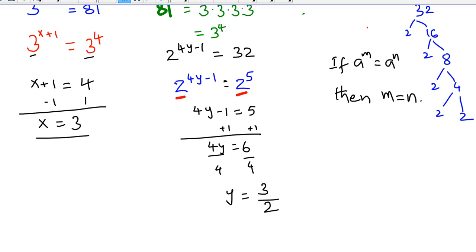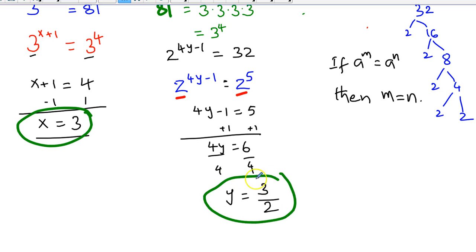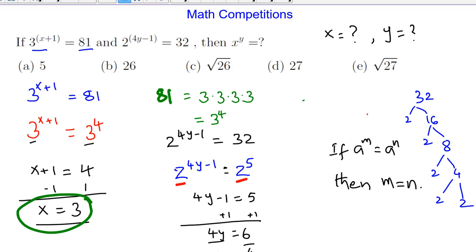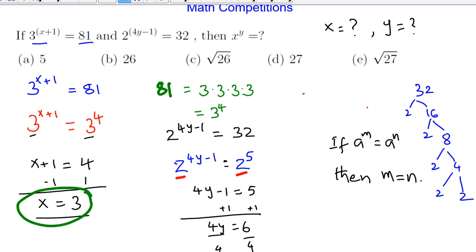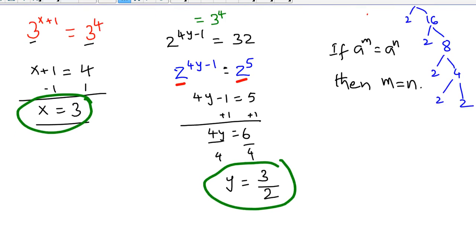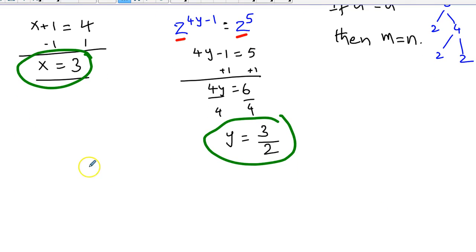3 divided by 2. Now that you have the value of x is equal to 3 and y is equal to 3 over 2, and you are looking for x to the power of y, so let me find x to the power of y now. x to the power of y is equal to 3 to the power of y, which is 3 over 2.